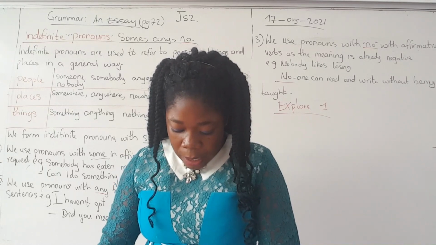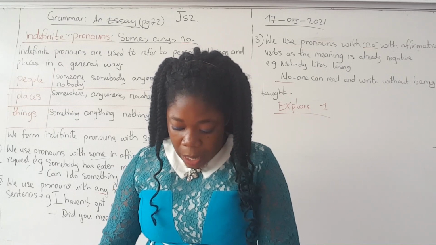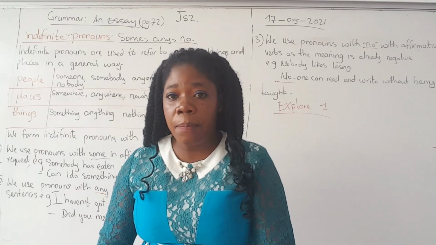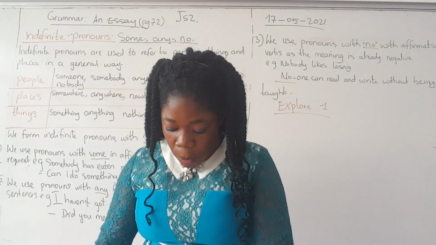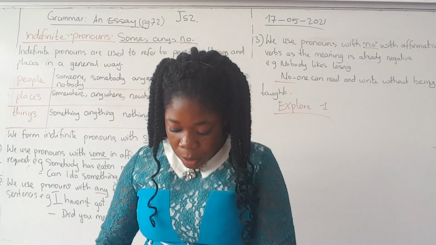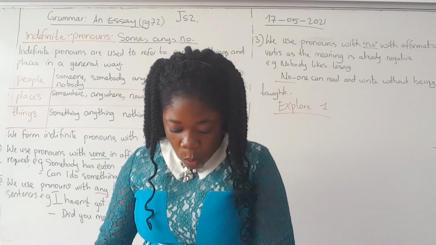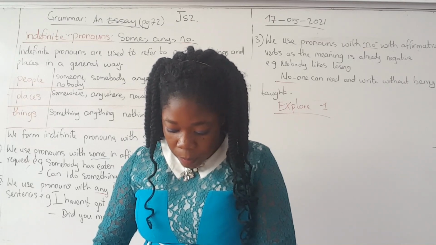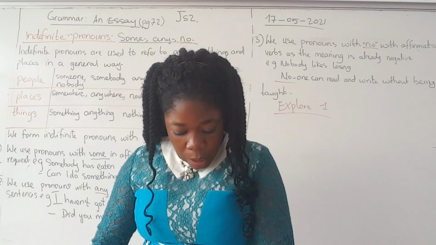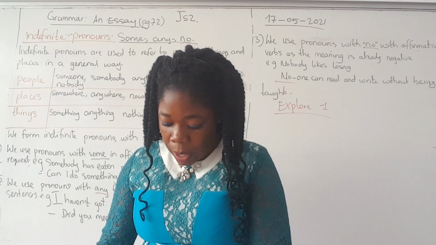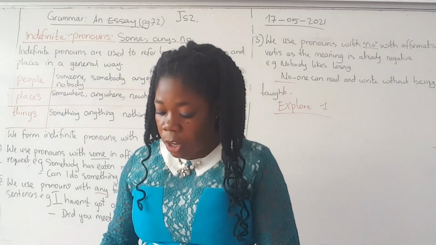Number 4, under some, we already have somebody, someone, something. Somewhere is missing. Number 5, we have anybody, anyone, and anywhere. The one that is missing is somewhere. And the next one is complete.